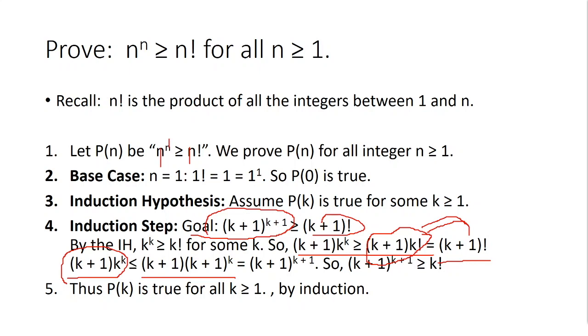Simply we can multiply that by k plus 1, and multiply k plus 1 to the k, and this will be k plus 1 to the k plus 1, which is greater than k plus 1 factorial.